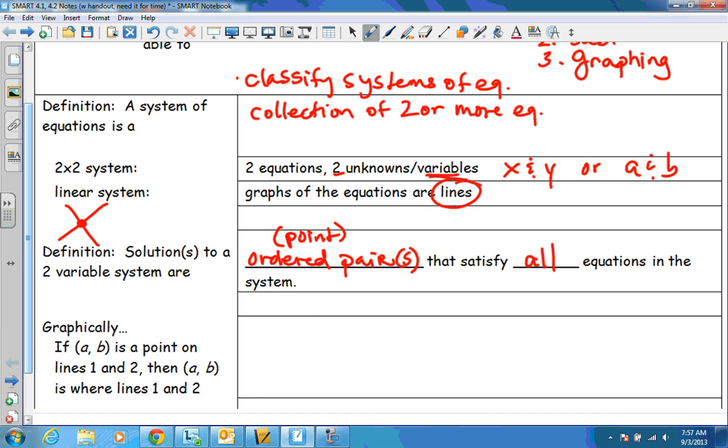So graphically, we have two things, and we're saying (a, b) is that ordered pair. Graphically, it's where the two lines do what? Intersect.